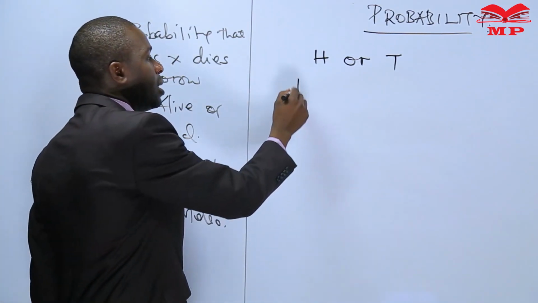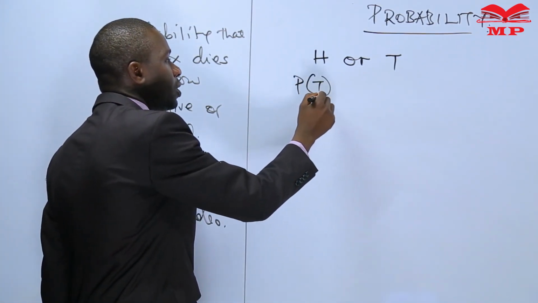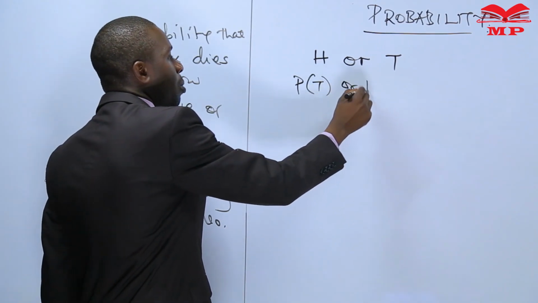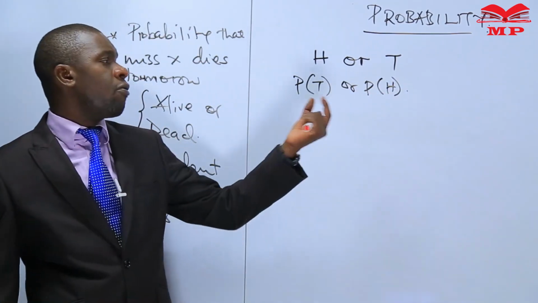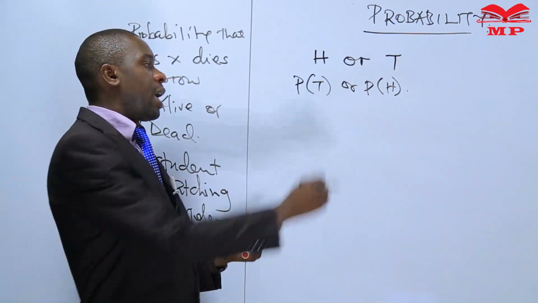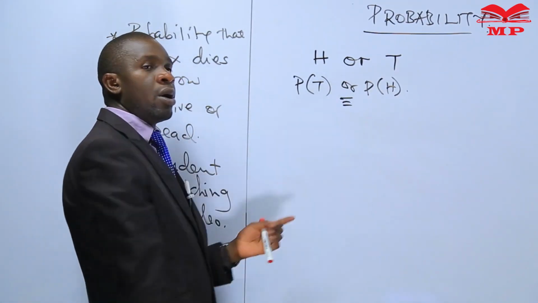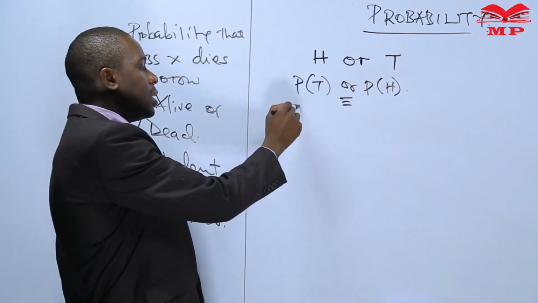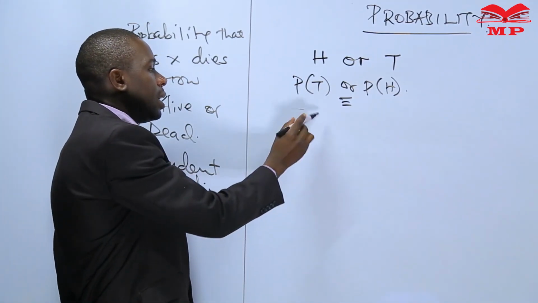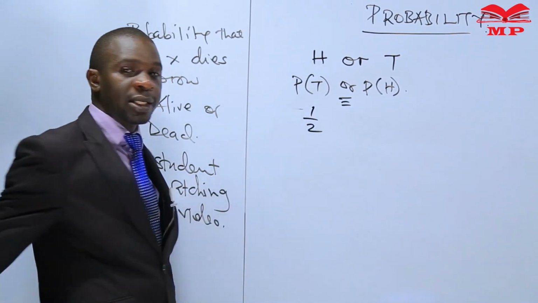This is read as the probability of tail or probability of head. Now, when you're talking of mutually exclusive events and you're using this word or, with the probabilities, for example, the probability of a tail is 1 out of 2 chances.